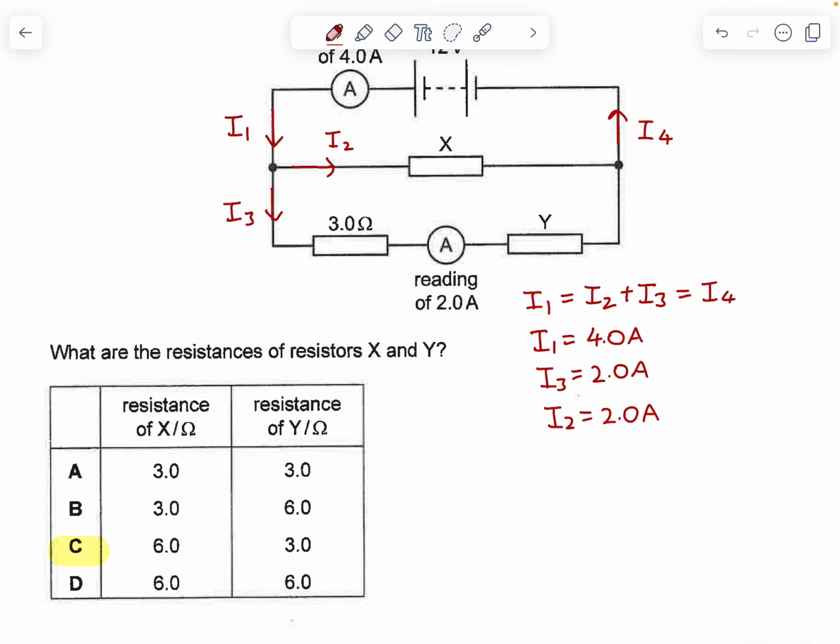And since the current is equal in I2 and I3, the resistance Rx is actually equal to 3.0 ohms plus Ry. So the only combination that will allow this to happen is when X is 6 and Y is 3. So here it's 3.0 ohms, X is 6.0 ohms.